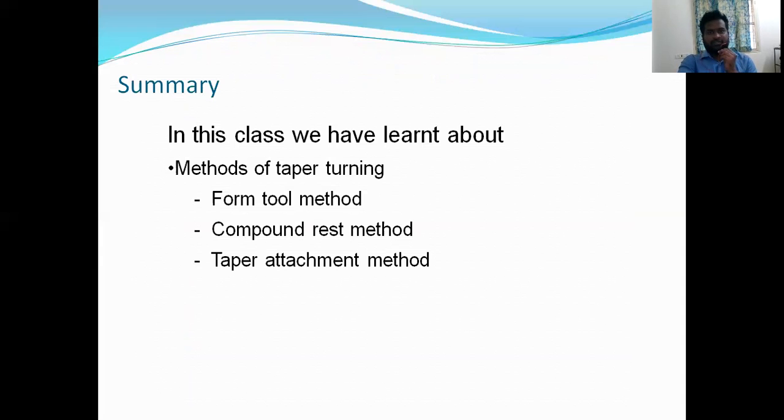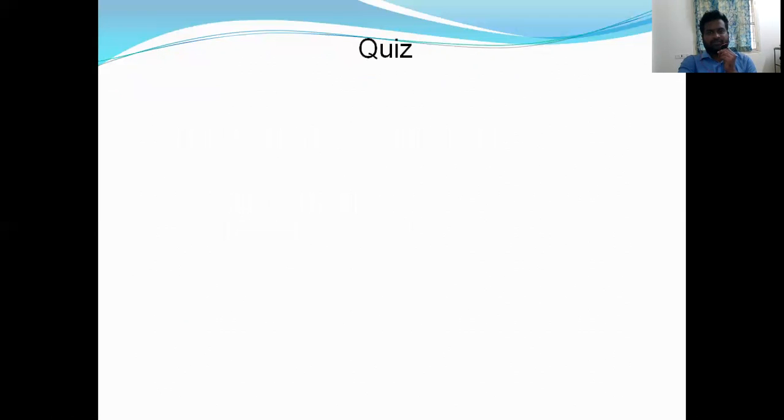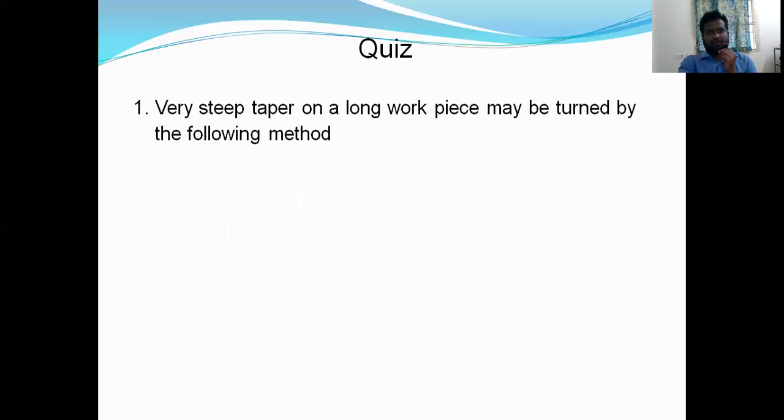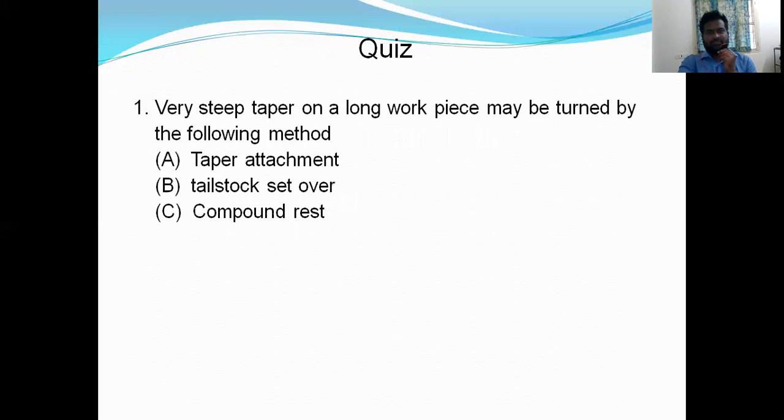So with these four methods we produce tapers on the workpiece. A very steep taper on a longer workpiece may be turned by the following methods: taper attachment method, tailstock set over, compound rest, and not this taper attachment method, right? After this, we will do some videos on these four methods. Then by that we can understand easily, right?